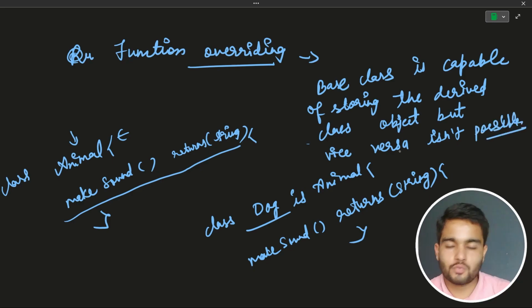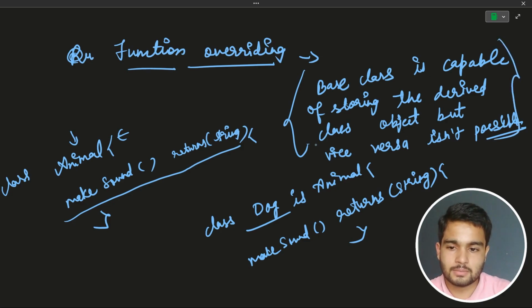If you have created an object of the derived class, and you want to assign the object of the base class to that derived class object, then it is not possible. So mark this and note it down if you want. This is a very important thing, and function overriding plays around this.